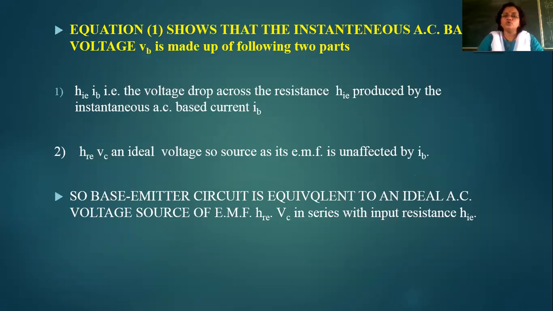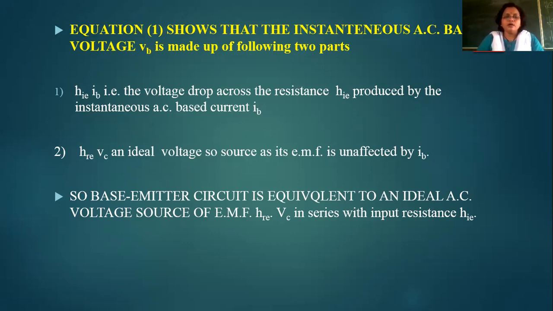Equation 1 shows that the instantaneous AC base voltage VB is made up of the following two parts. HIE IB, that is the voltage drop across the resistance HIE produced by the instantaneous AC base current IB.